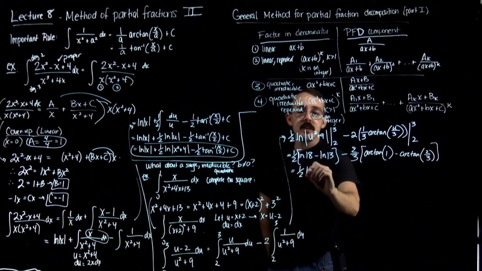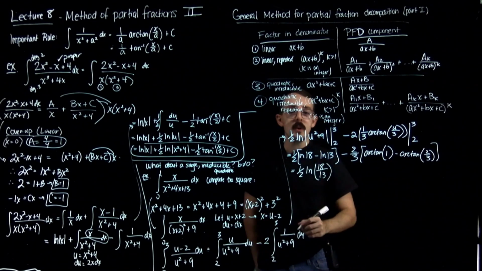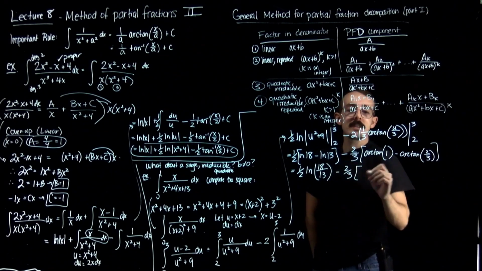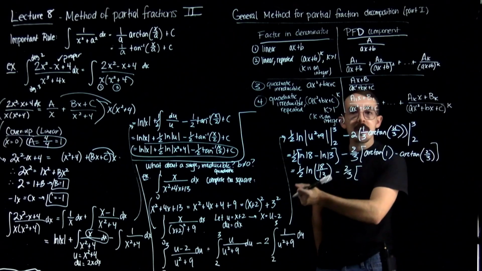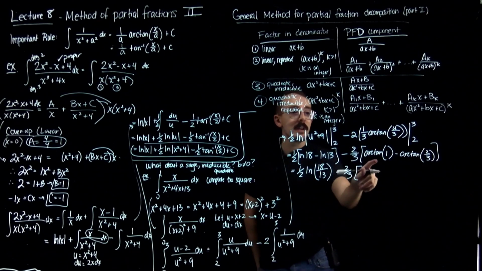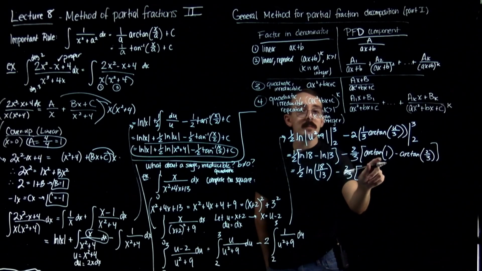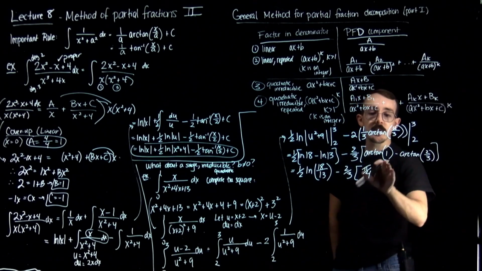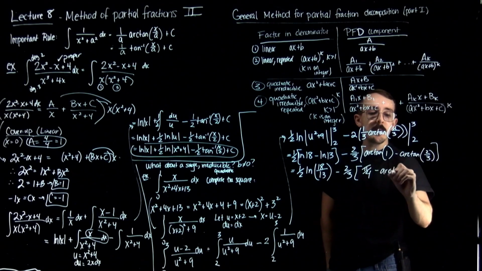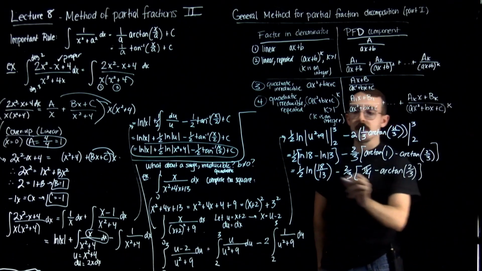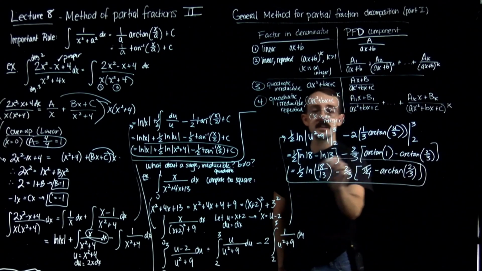Remember, if you subtract logs, you actually are doing division. So this is log 18 over 13. And here, we do know what the arctangent of 1 is. What angle, between negative pi over 2 and pi over 2, has a tangent of 1? It's pi over 4. Tangent of pi over 4 is 1, is what I'm trying to say. We don't have, as far as I know, a nice answer for this second part, however. So this just looks a little better.